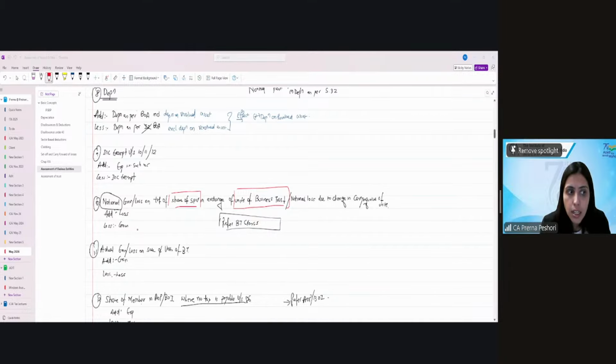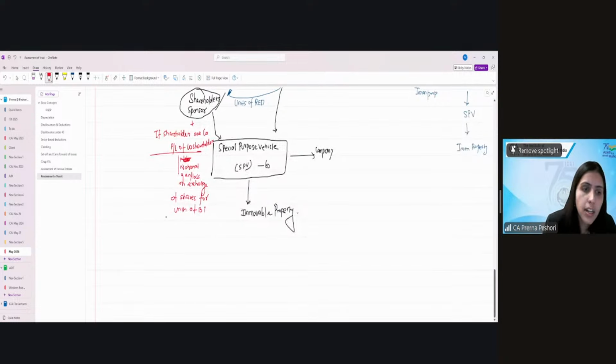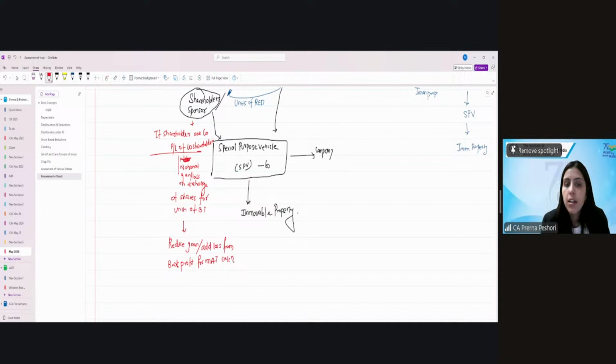So here under MAT, what I will do is reduce gain or add loss from book profit for MAT calculation. Clear?